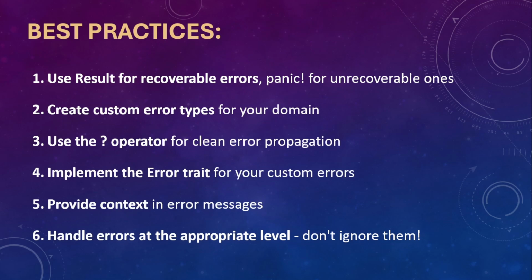Don't ignore any of the error cases. So this was all about Rust's error handling system. The explicit nature of the Result enum and the convenience of the try operator give us both safety and readability. And remember that good error handling makes your applications more robust and user friendly.